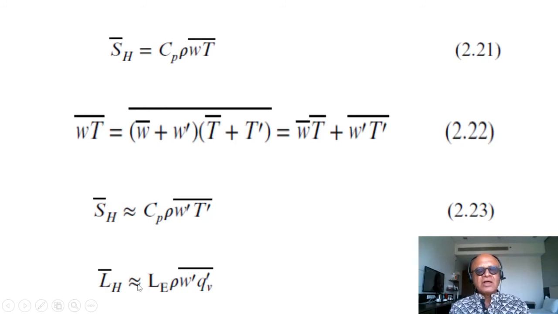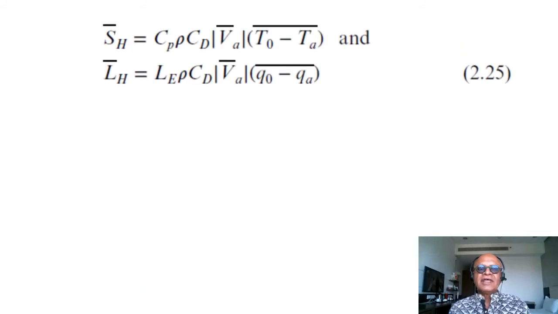A similar derivation would give us the latent heat flux as the latent heat of evaporation or condensation times rho times W prime Q prime, where Q is the humidity that's doing the energy exchange.